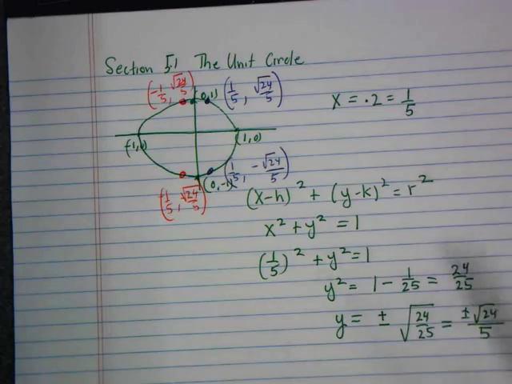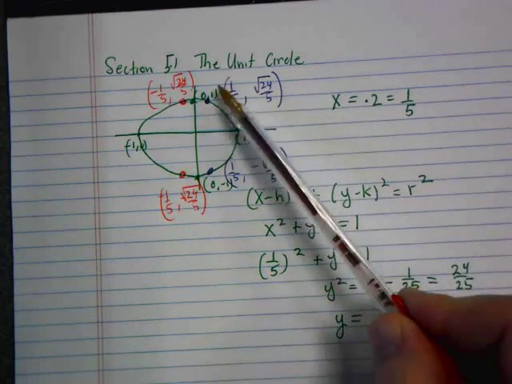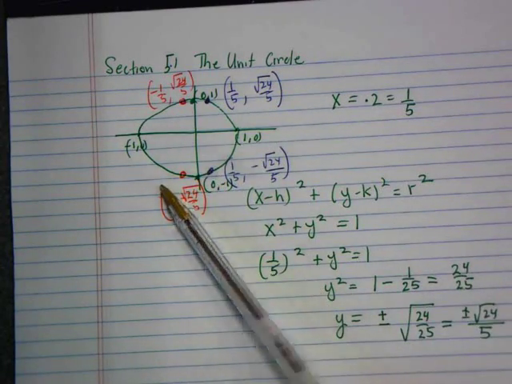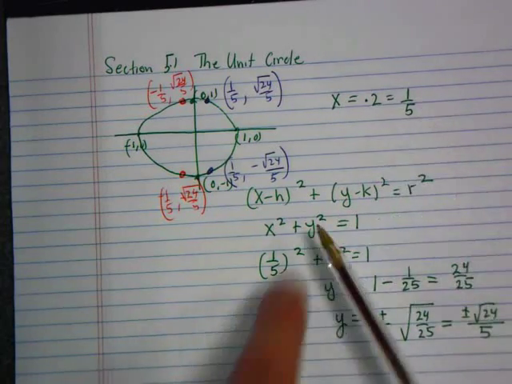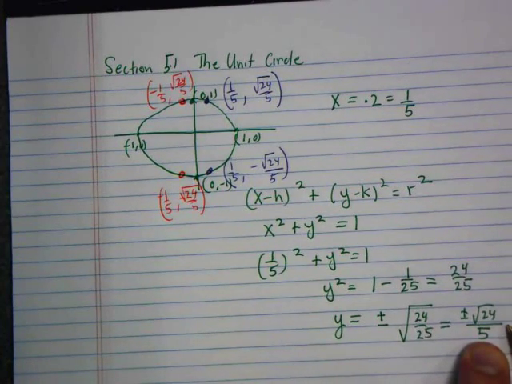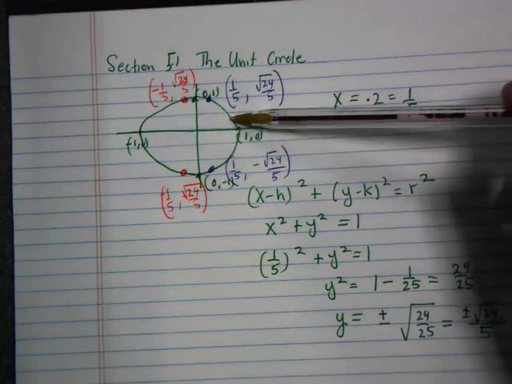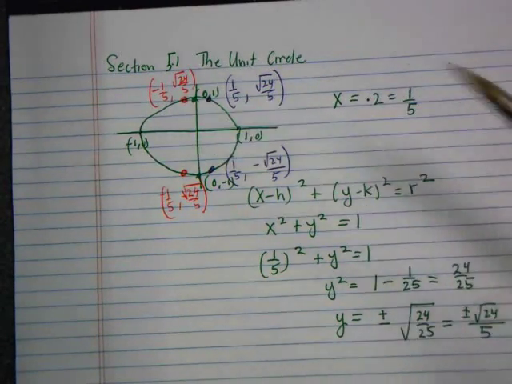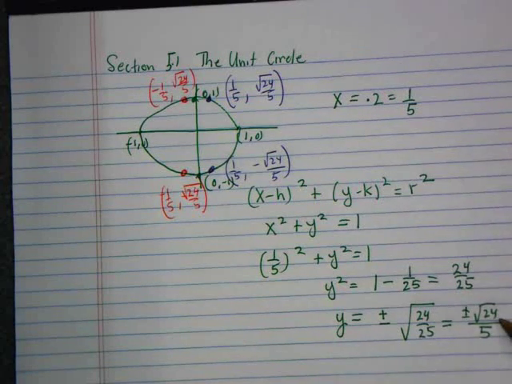So by picking x equals 1/5, I generate 4 points. But if I plug in y equals 1/5 and solve, I would get this answer for x. So I kind of get 8 points in a sense. I could mark 1, 2, 3, 4 more points where y is 1/5 and x is these numbers. So you can very quickly generate points on the unit circle.